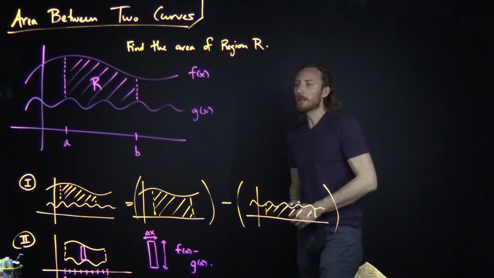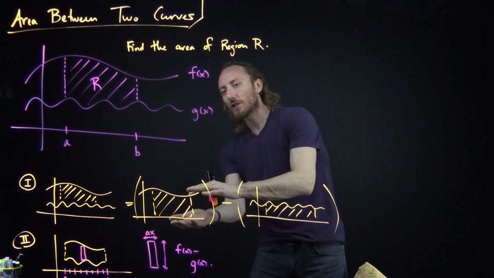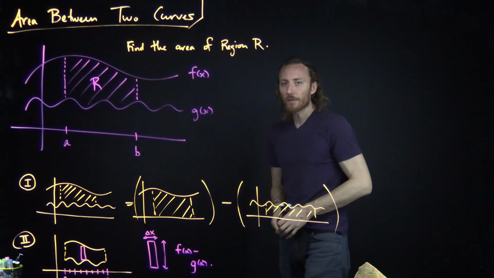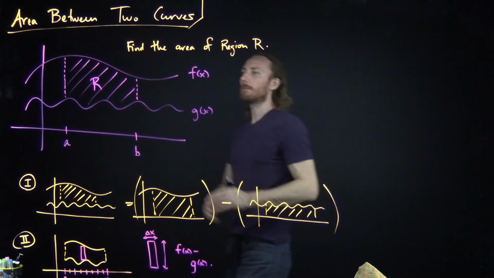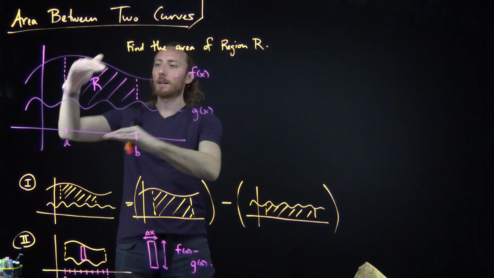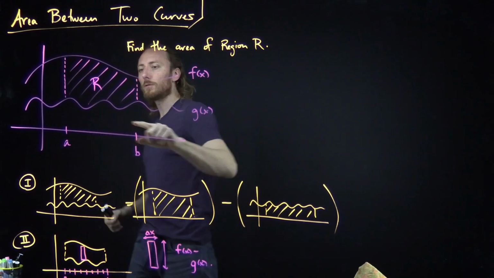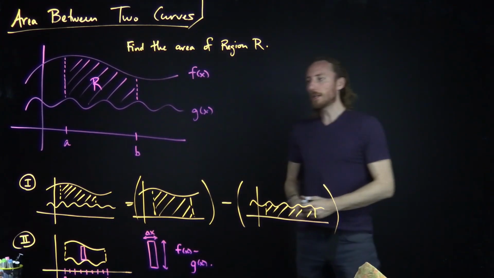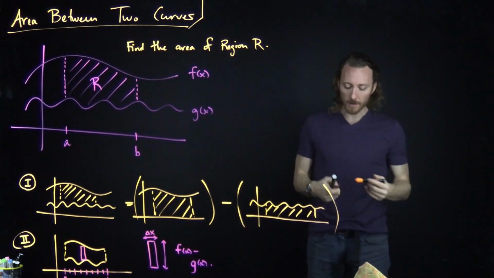And what you can notice is this region that we're after, the region R, is just the area beneath function f with the area beneath function g taken away, right? Because if you look at the area beneath function f going all the way to the horizontal axis, you essentially want to remove the area that's under function g from the area that's under function f, and you'll get precisely the area that's in between.